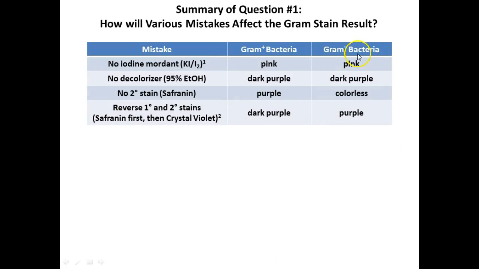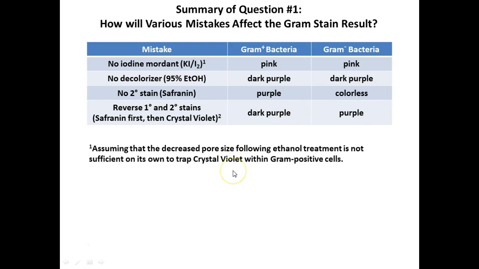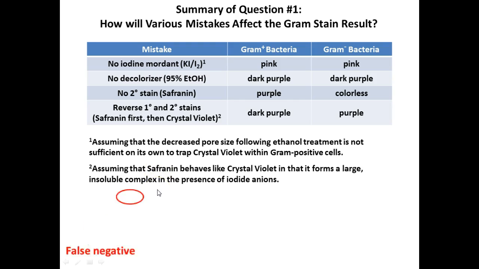So here's a summary, right? If you make any of these mistakes or reverse the order, you're screwed. Right? You're going to end up with the same color or very slight differences of the same color or not see them at all. If you end up with a pink gram-positive, right, we're ending up with a false negative result. This is not an accurate negative result, right?